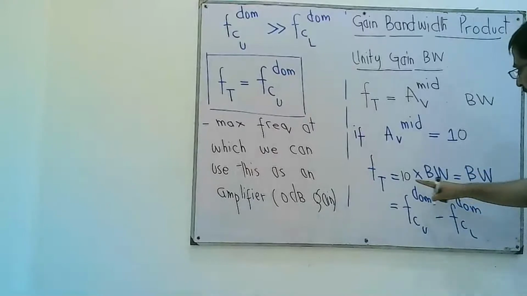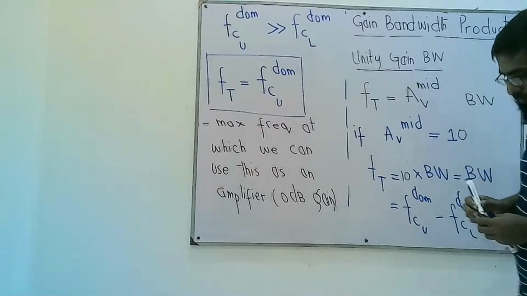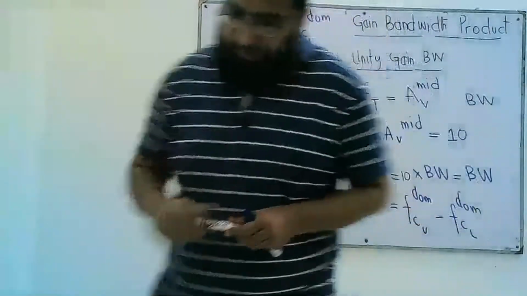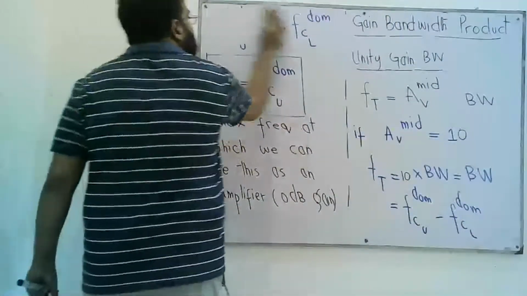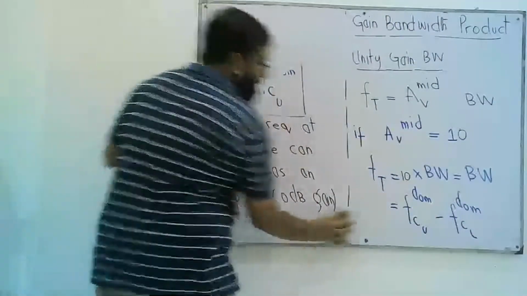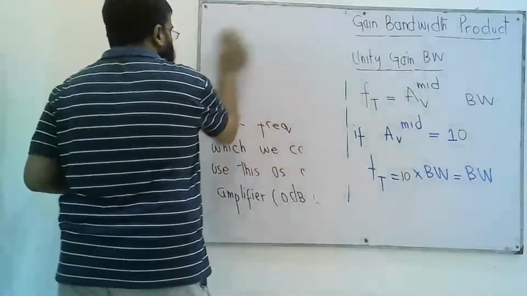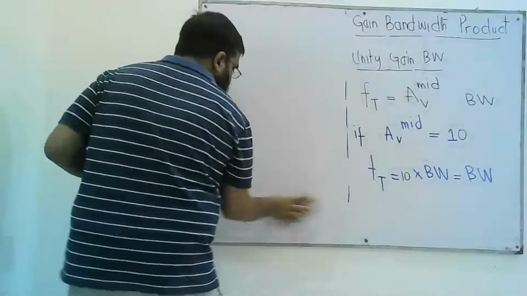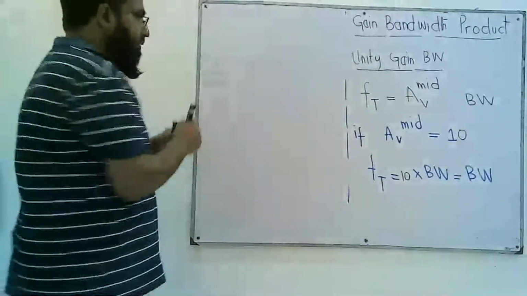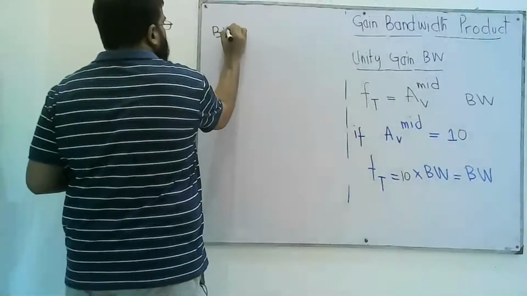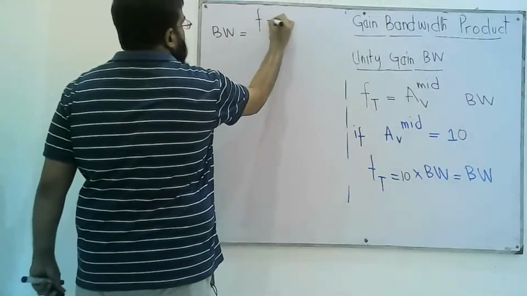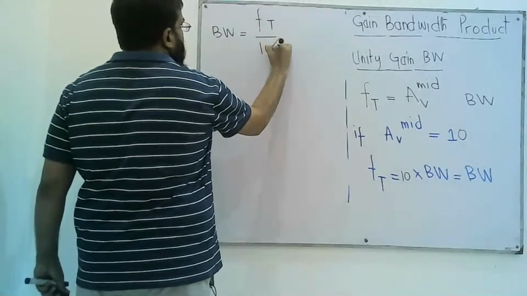This means Ft is 10 times the bandwidth. So the actual bandwidth for which we can use this as an amplifier is Ft over 10.